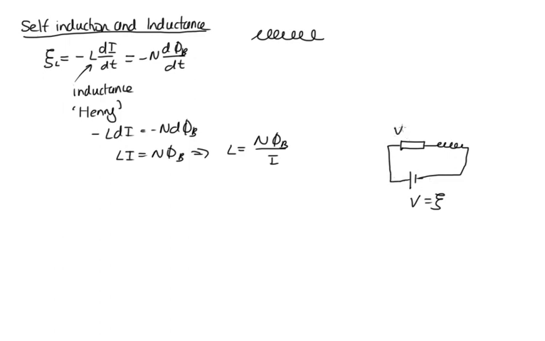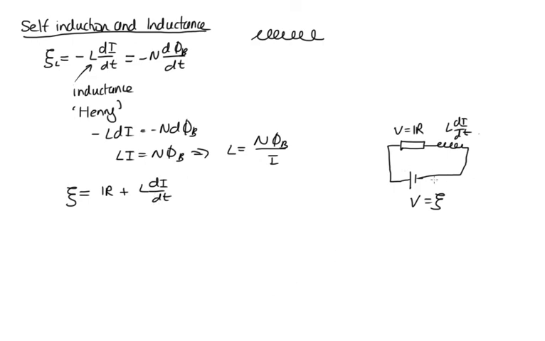We lose a voltage equal to IR across this resistor. And then across the inductor, we're going to lose L di dt. So we can write that the input voltage is equal to IR plus L di dt.